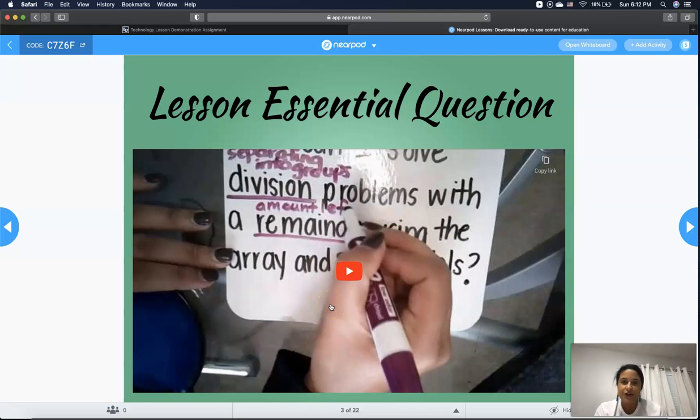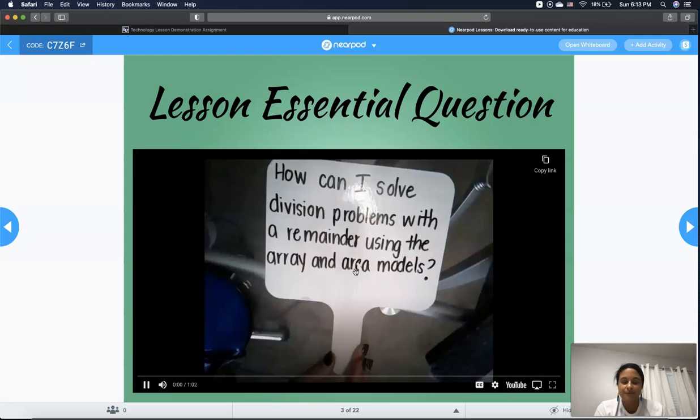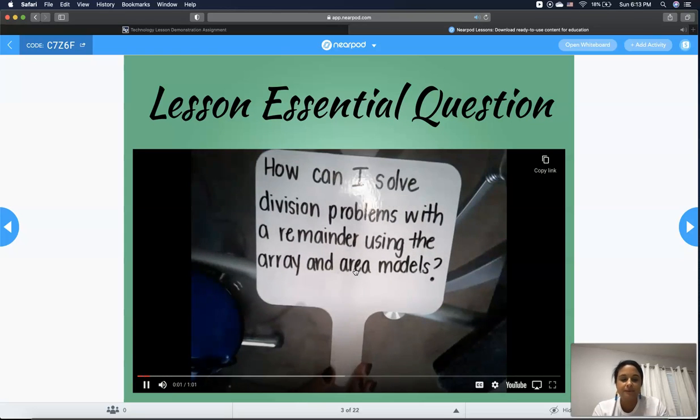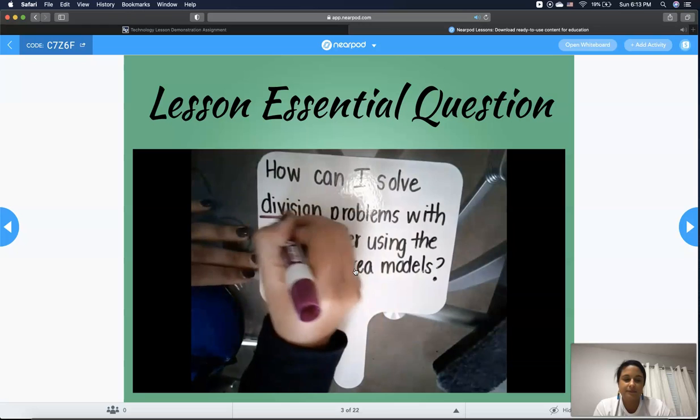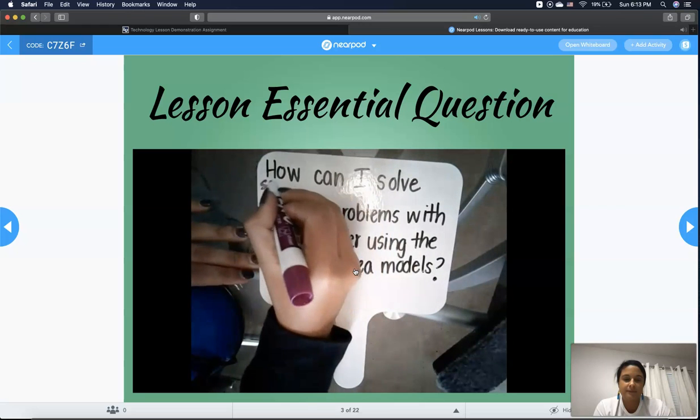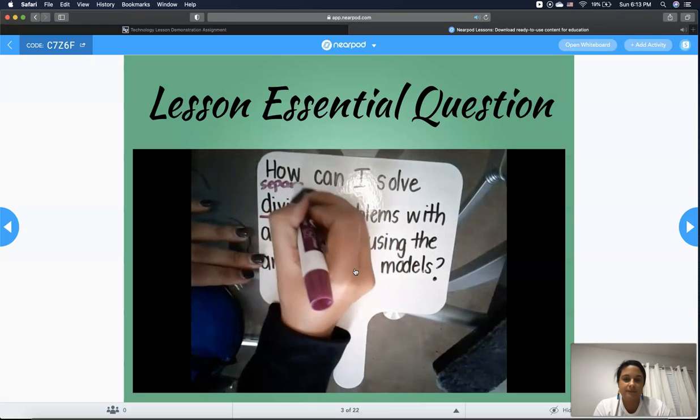Before we get started, let's look at our lesson essential question for today and what we will be able to answer by the end of this lesson. Today's essential question is, how can I solve division problems with a remainder using the array and area model? When we're doing division, we are separating into groups.